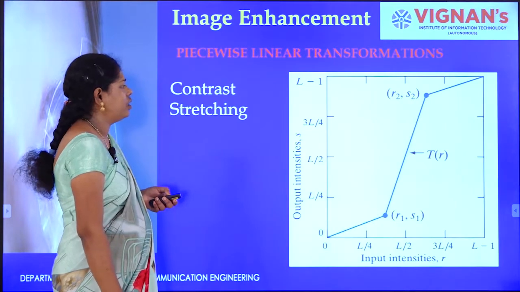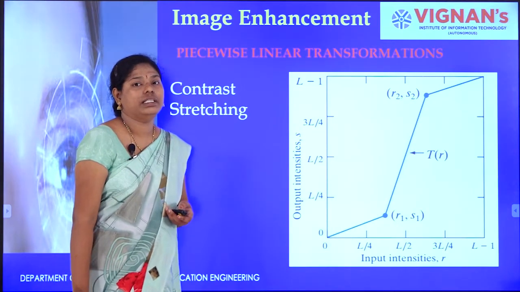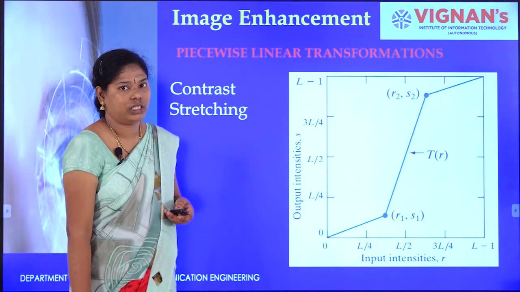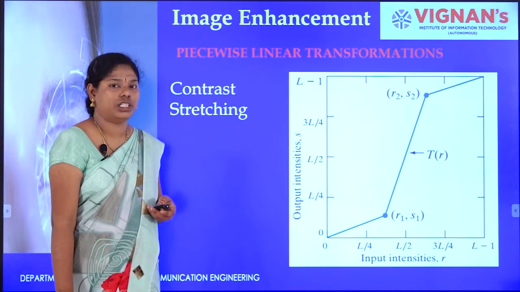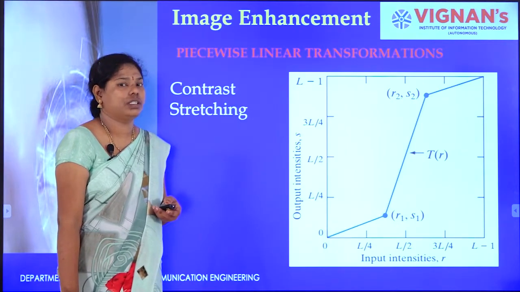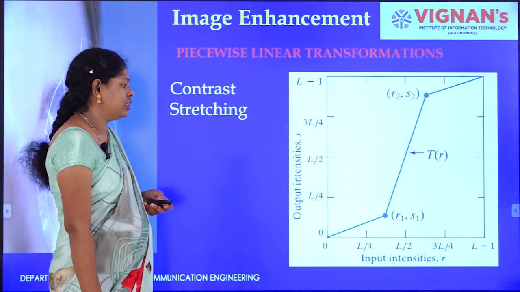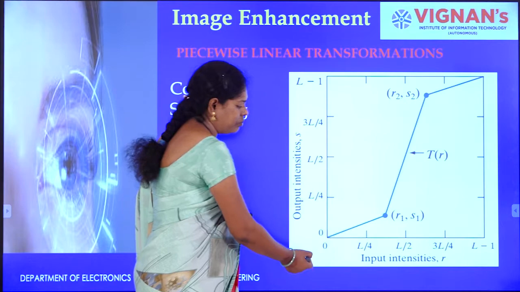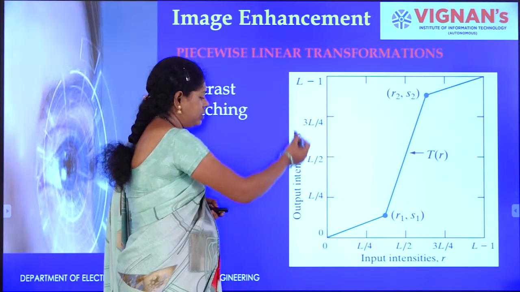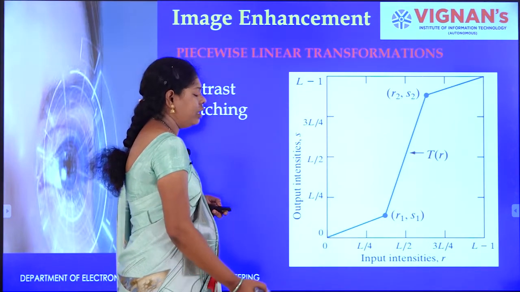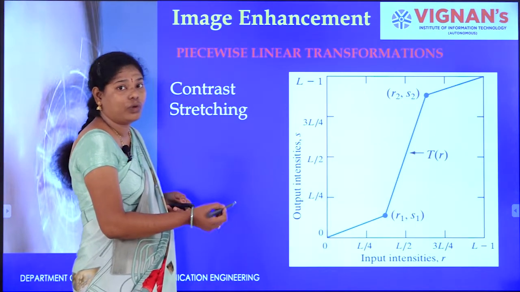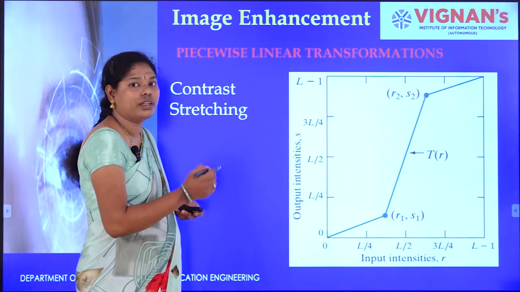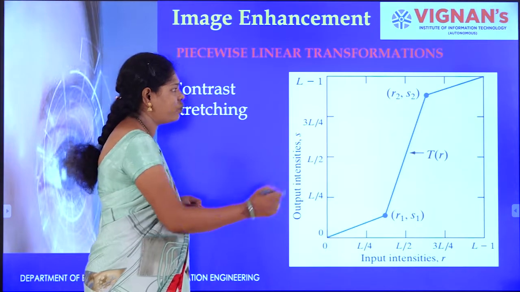The next thing is piecewise intensity transformations. The first is contrast stretching, or histogram stretching. In contrast stretching, the x axis is the input intensities R and the y axis is the output intensities S. Both R and S are within the range of 0 to L minus 1.